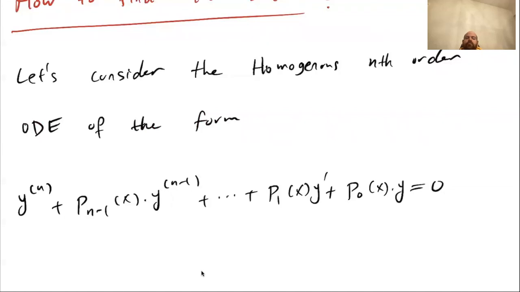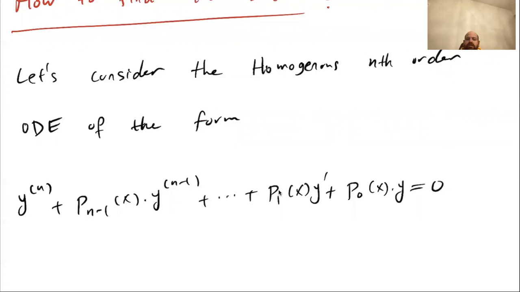We will consider non-homogeneous equations and how to solve them later after this topic. But for the moment, let's consider the homogeneous equation where the right-hand side is 0, and we want to find the general solution of this equation. So let's ignore the initial conditions for now.